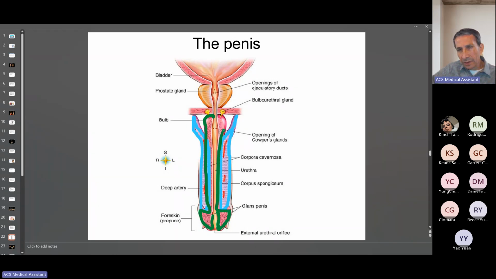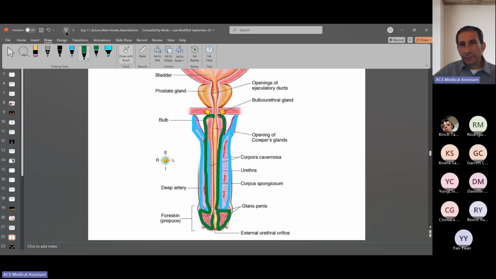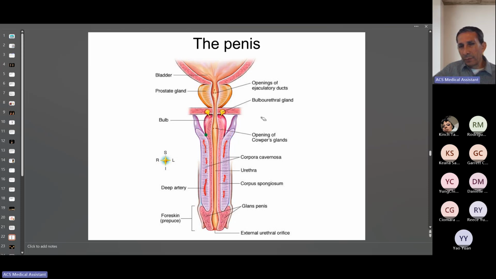This is the inner one, once again the corpus spongiosum. Cavernosa and spongiosum mean that it has some spaces, and those spaces are going to be filling with blood. Remember, all these spaces in between are going to be filling with blood when there is an erection. If it's not an erection, the penis is going to go flaccid. So that's basically what it is.